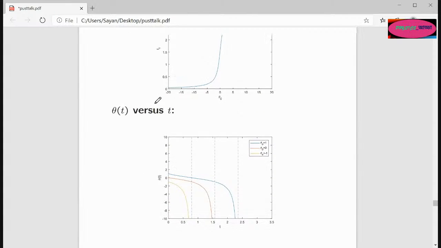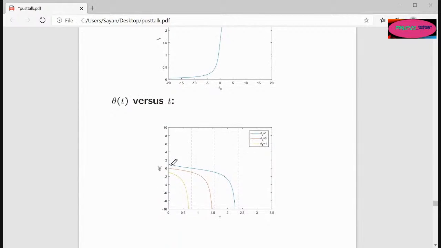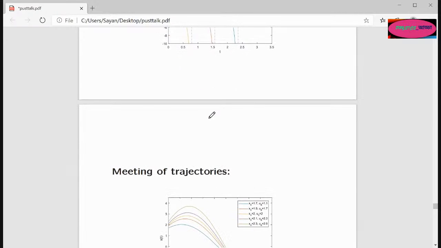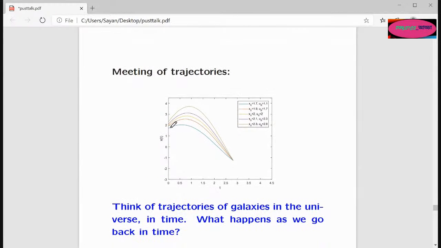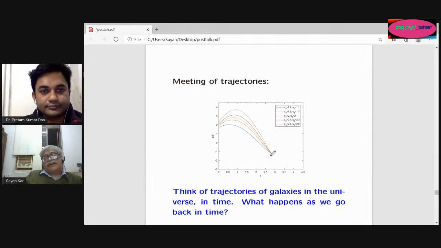Similarly, you can plot theta t versus t, and you will find that they are going to go down to negative infinity as the two pendula hit each other. Okay. So this is the meeting of trajectories. If you draw the individual trajectories, there are various different trajectories, and you can see that they come and meet at this point.